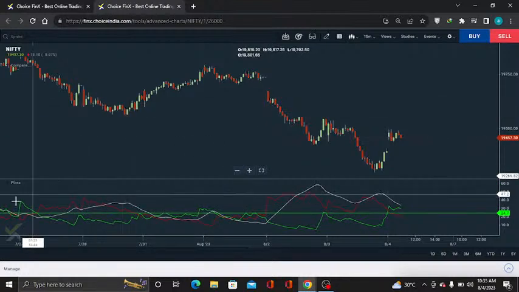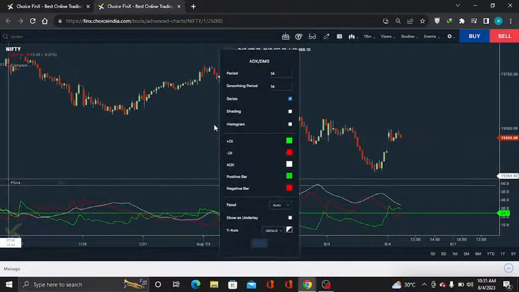In the settings, there are three main components: plus DI, minus DI, and the ADX, the average directional index. This represents the trend of the stock. Trend can be upside, downside, uptrend or downtrend, or sideways.